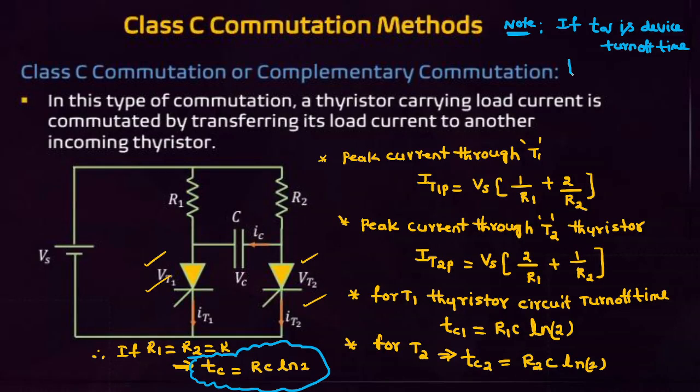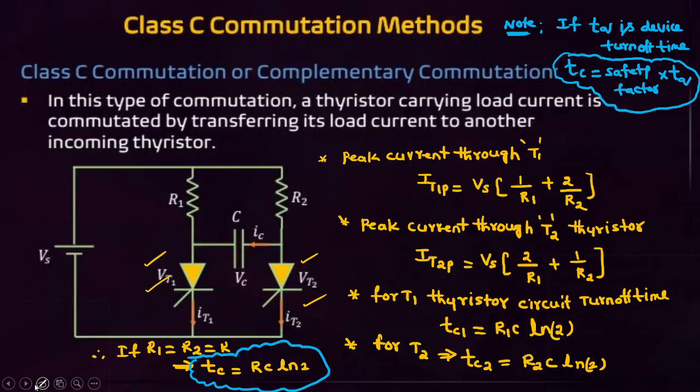Then circuit turn off time TC equal to safety factor into TQ. They will give the safety factor also. This is about class C commutation.